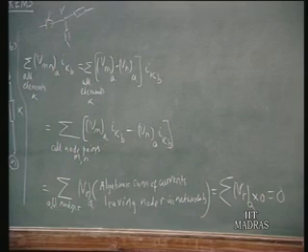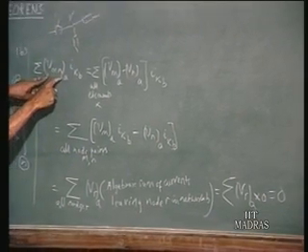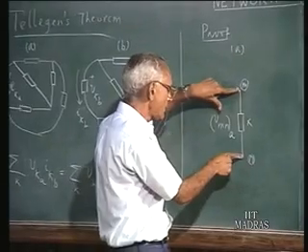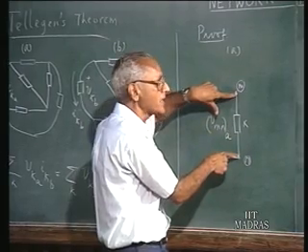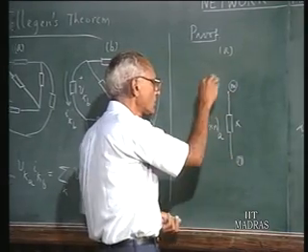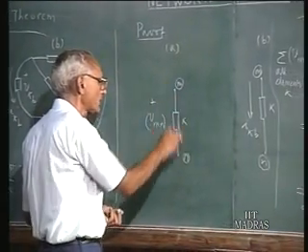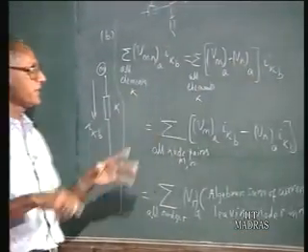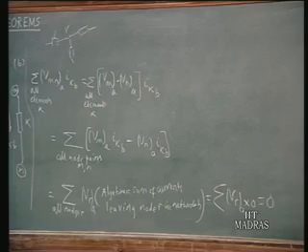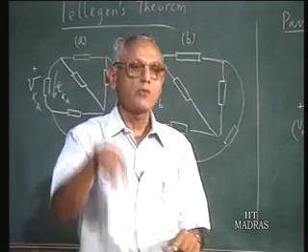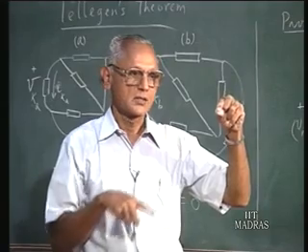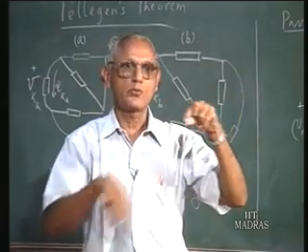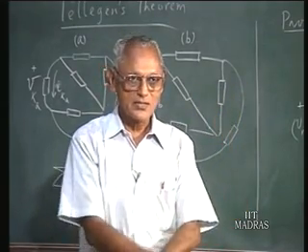I said the voltage across this element K is Vmn A, which is equal to the node voltage of M with reference to datum minus the node voltage of N with reference to the datum. Such an identification of node voltages is possible only if Kirchhoff's voltage law is valid, because when you go around a loop between two nodes, if you get different voltages as you take two different paths, then Kirchhoff's voltage law is not satisfied.